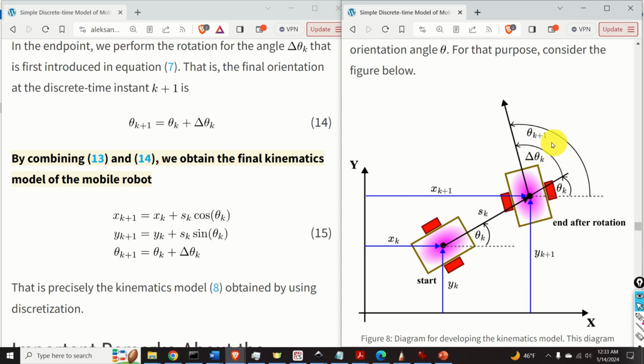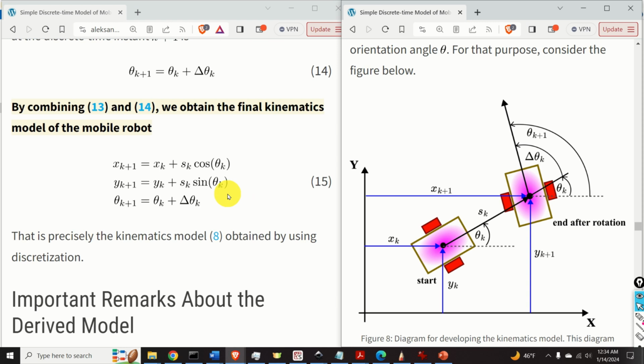The final orientation is equal to θk plus 1, and θk plus 1 is equal to θk plus delta θk. By combining translation and rotation, we obtain the final kinematics model of the mobile robot, and here it is.